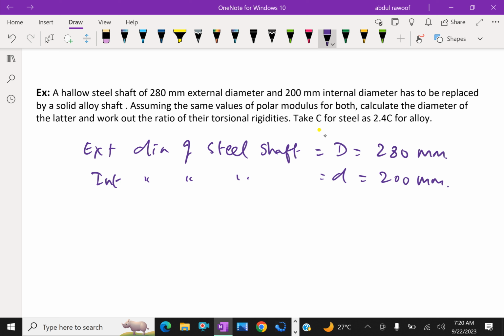Next, CS, the rigidity modulus of steel, is 2.4.